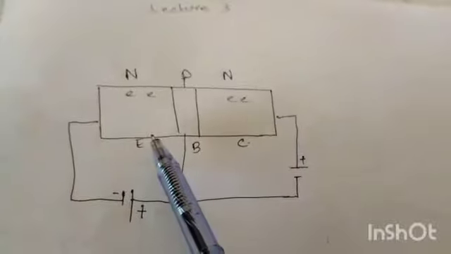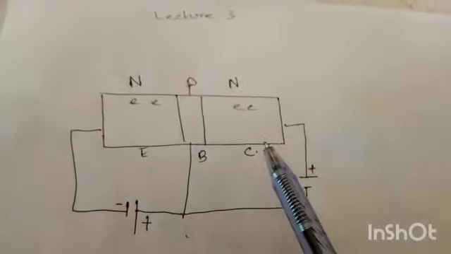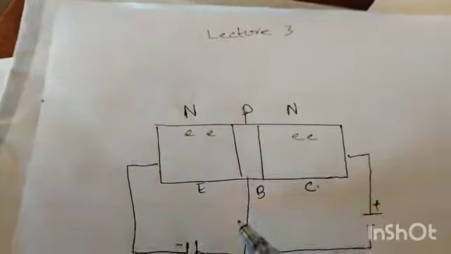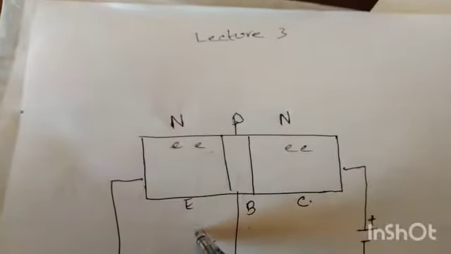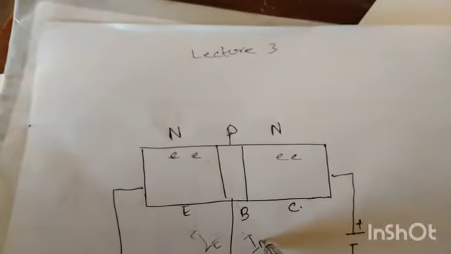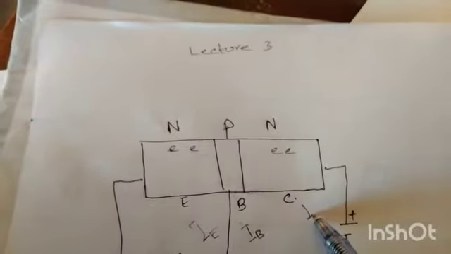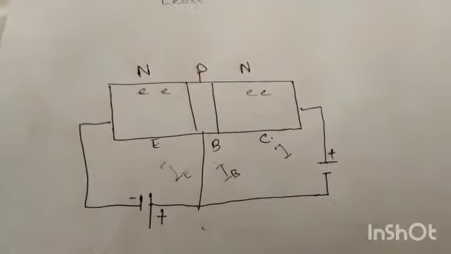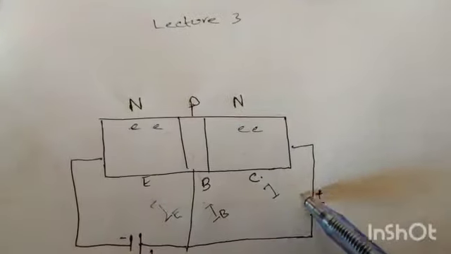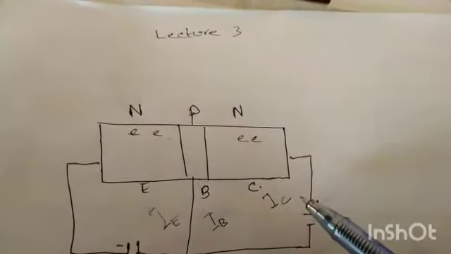There is motion of electrons in the emitter, in the base and also in the collector. The electrons which move from the emitter constitute the emitter current denoted by IE, the electrons which move in the base form the base current denoted by IB, and the electrons which are collected by the collector form the collector current.